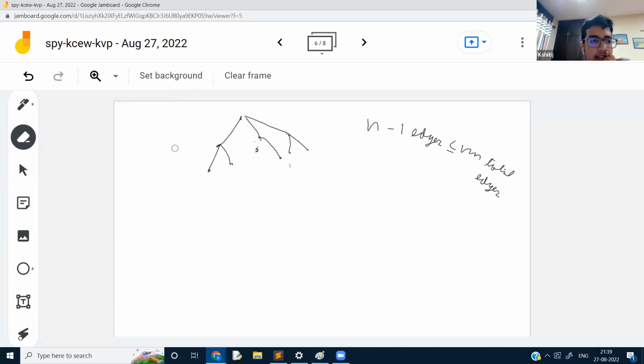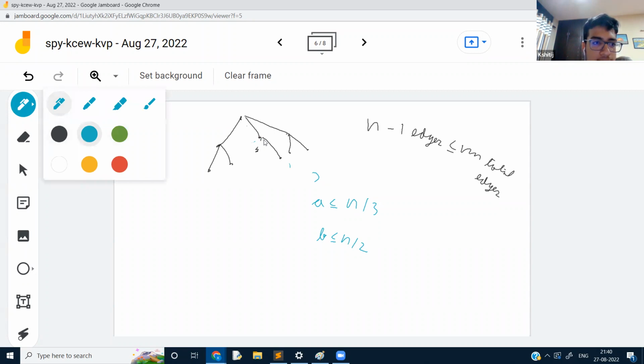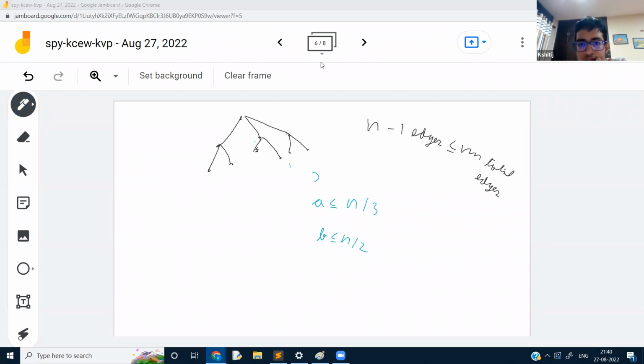Now, these numbers hint that we should think about the centroid node. Let us root the tree at the centroid node.